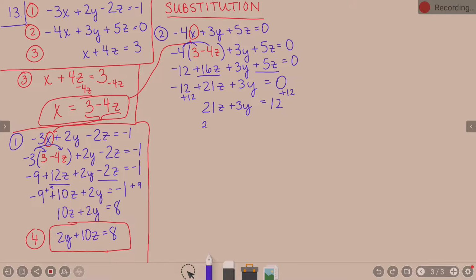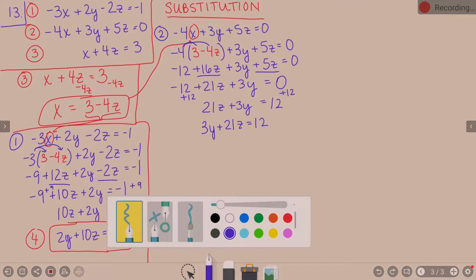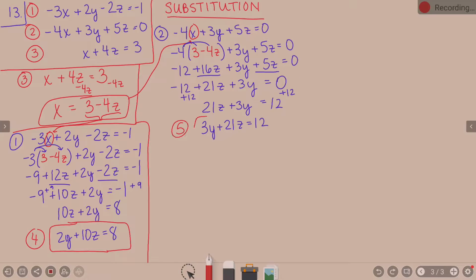So I'm going to write this as 3y plus 21z equals 12. And I'm going to call this equation 5.